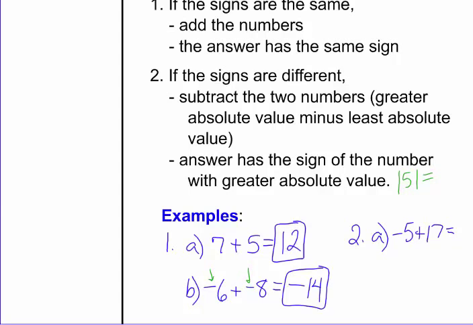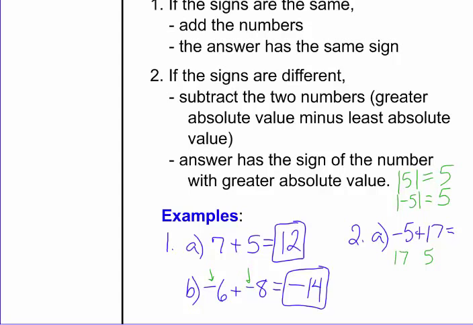So it makes the number positive. 5 is 5 spaces from 0. The absolute value of negative 5 is also 5 spaces from 0. Okay? So when we're looking at absolute values, you're looking at those positive cases. So the absolute value of 5 is 5. The absolute value of 17 is 17.